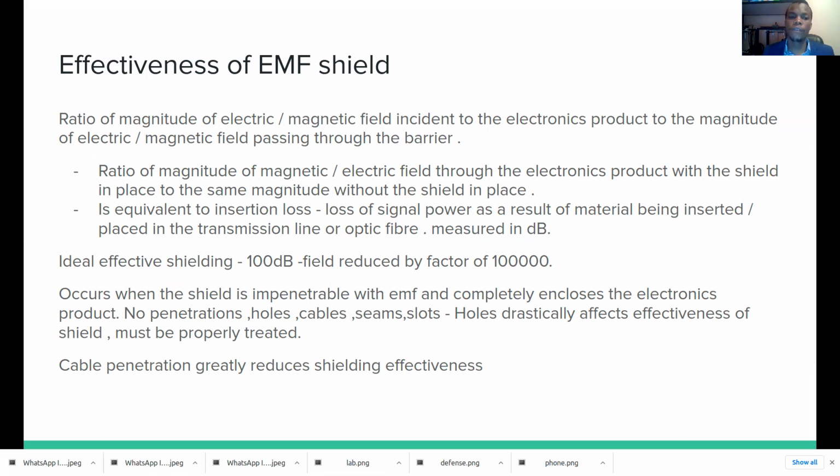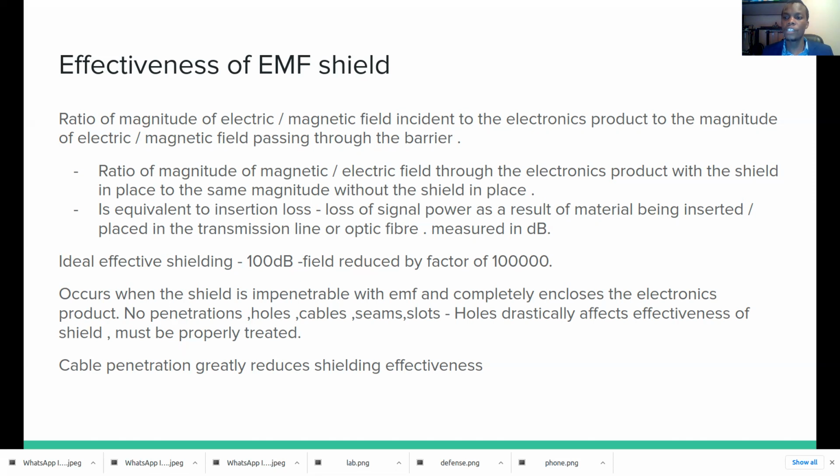It's the ratio of the electric or magnetic field incident to the electronic product to that which is passing through the barrier. So there are two electric or magnetic fields, one which is incident, or getting into the product, and then one which is leaving, or passing through the barrier.